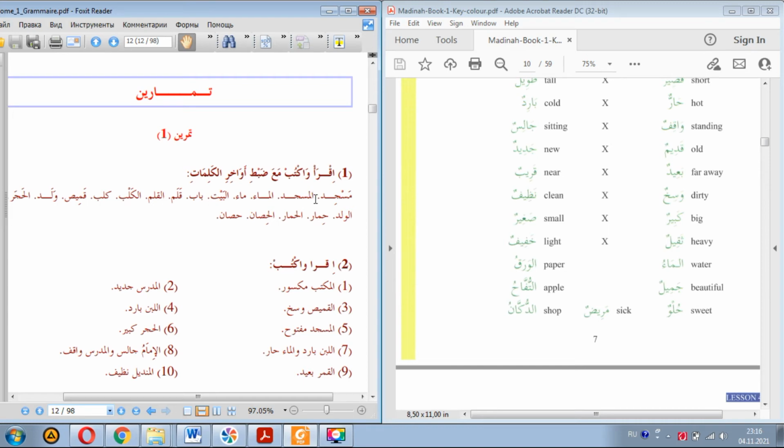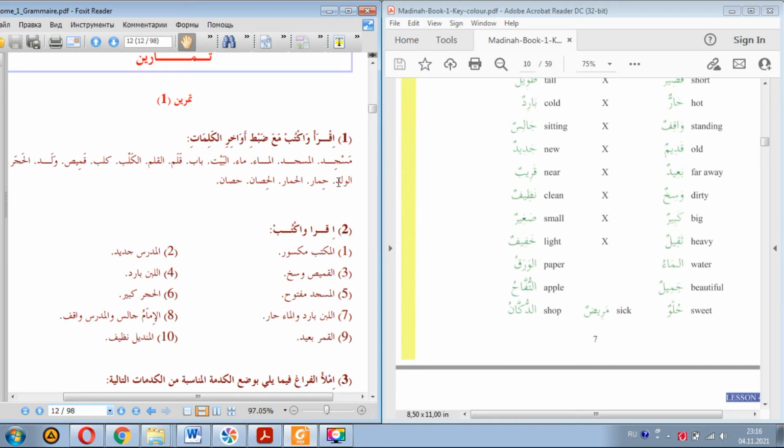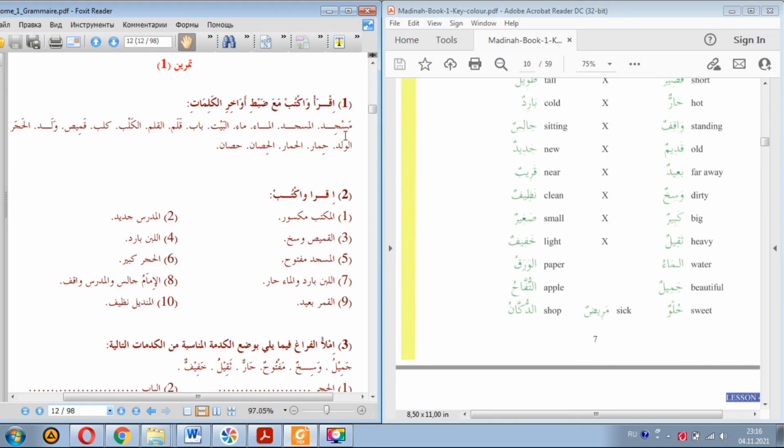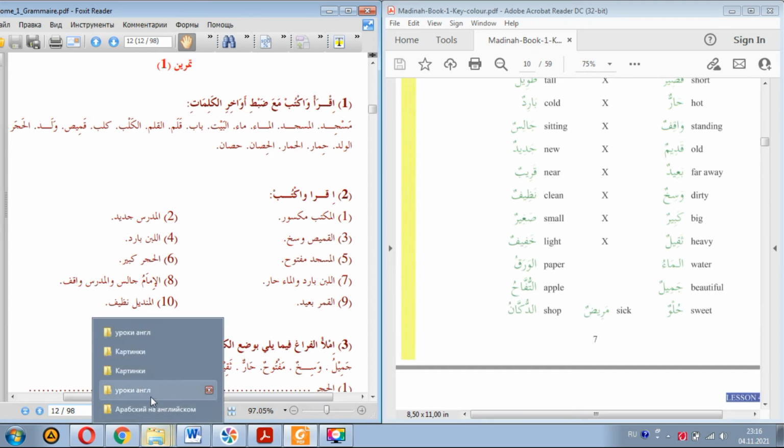And as I said in the first lesson, there is a book that you can find on the internet. It's called Keys for the Madinah book of the first level. And there you can find all these tamarin written down, and therefore you can check your homework with that book if what you are writing is right.